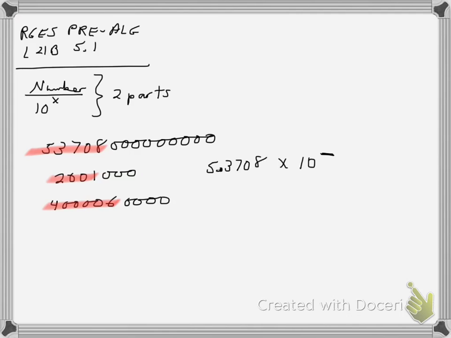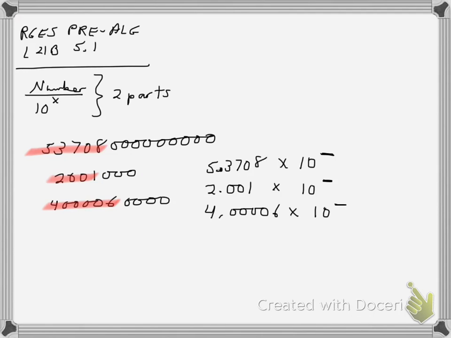We'll talk about that in a minute. The next one, I want the decimal point after the first digit, 2.001 times 10 to a certain power. And the third one, we're going to write 4.00006 times 10 to a certain power.